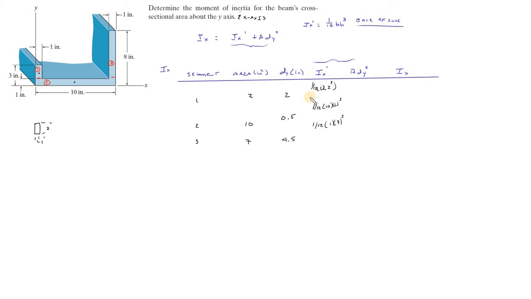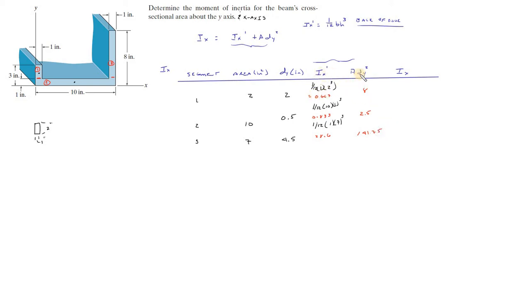Putting those into my calculator, I got 0.667, 0.833, and then the last one I got 28.6. Now just multiplying the area times the distance squared, throwing those in my calculator, I got 8, 2.5, and 141.75.